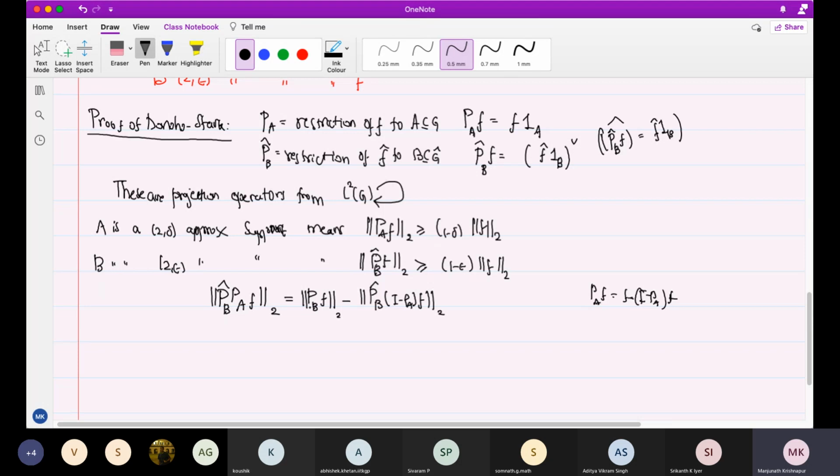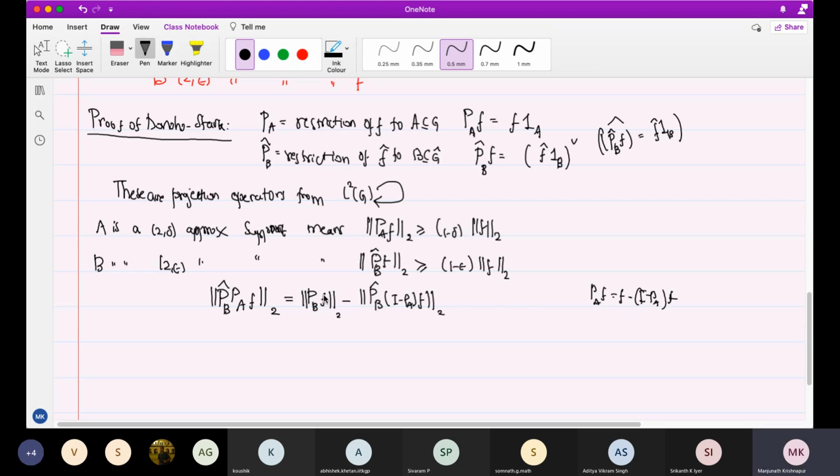So first part will be PBF. PAF is F minus identity minus PAF. So F cancels, PAF remains. So PBF is the first term.